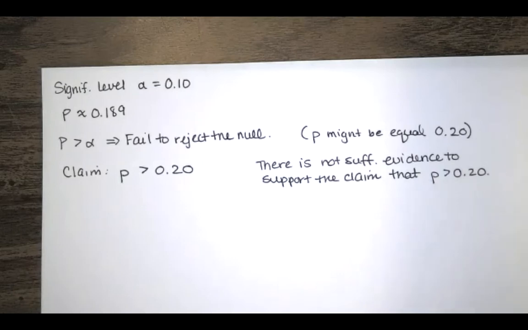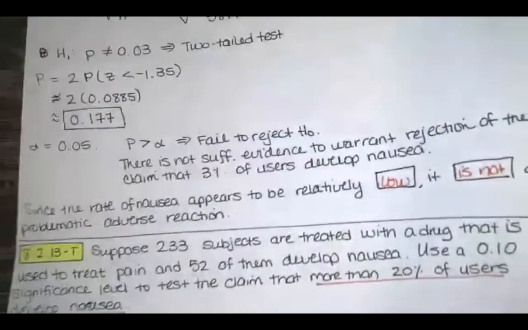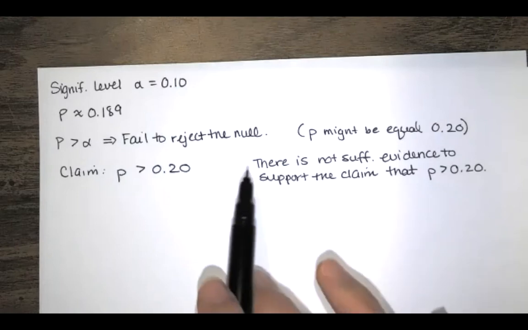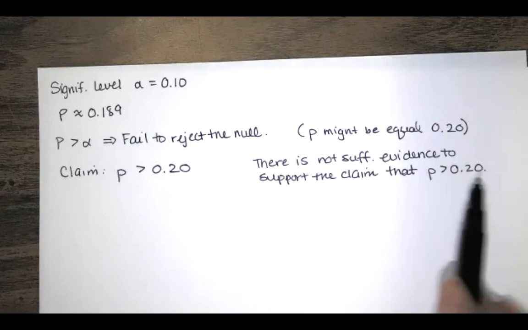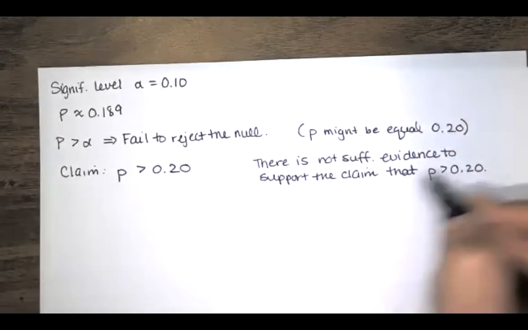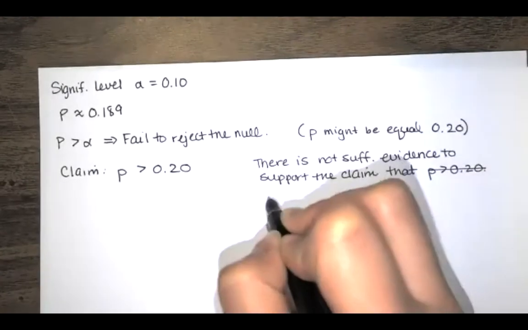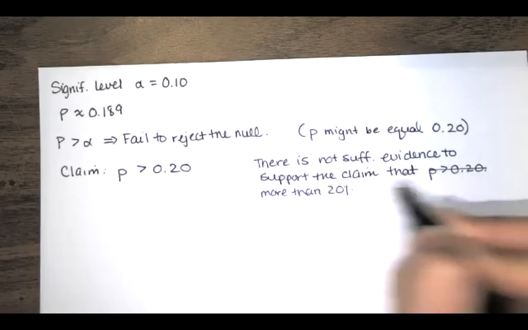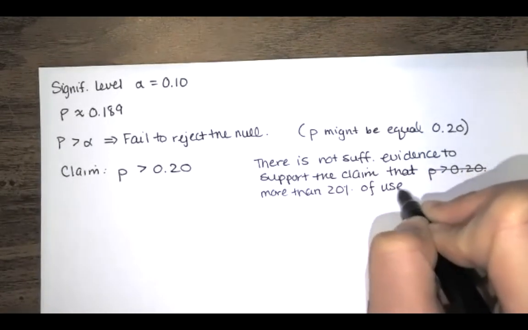Now, we don't want to state our final answer in terms of p equals 0.20, because people don't know what that p represents. We always want to go back to the original claim in the problem statement. It said that the claim was that more than 20% of users develop nausea. So we might say that there is not sufficient evidence to support the claim that more than 20% of users develop nausea.